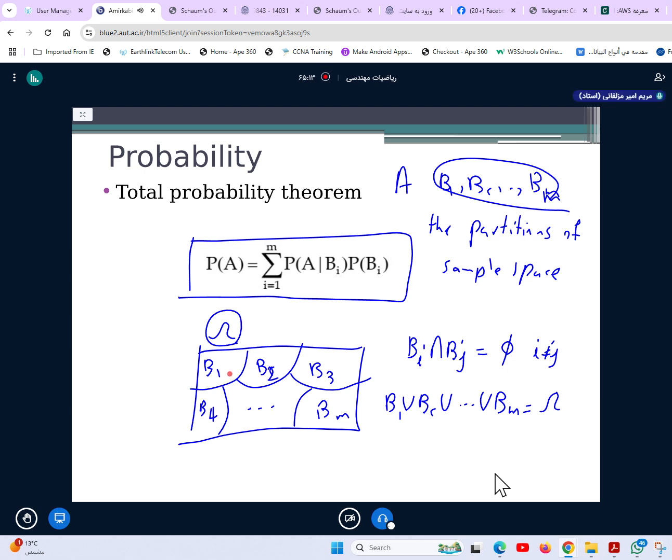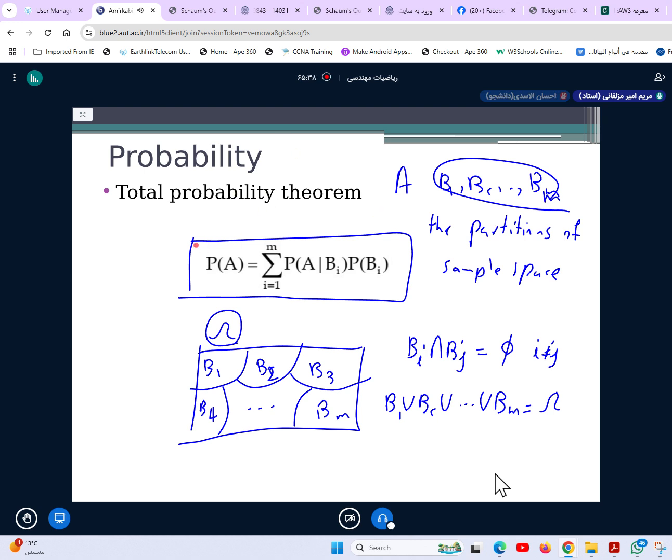So, is the definition of these partitions B1, B2 to Bm clear? Any question about the definition? Sorry, doctor, can you repeat the first step? Yes, yes.